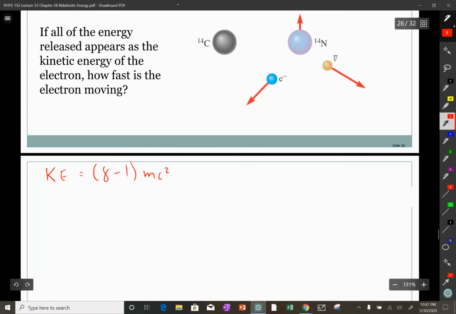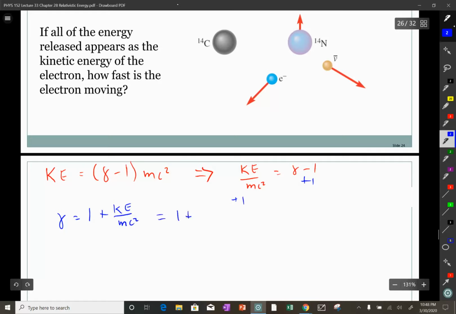So if I want to find the speed, fundamentally I have to solve for gamma. So kinetic energy over mc squared is gamma minus 1. Add 1 to both sides, and I have gamma is equal to 1 plus kinetic energy over mc squared.